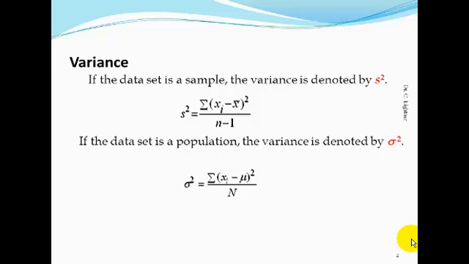Two additional symbols that we will see throughout this course are S squared, which represents the sample variance, and sigma squared, which represents the population variance. The sample variance is computed as the summation of the squared difference between each data value and the mean, divided by the total number of items in our sample minus 1.